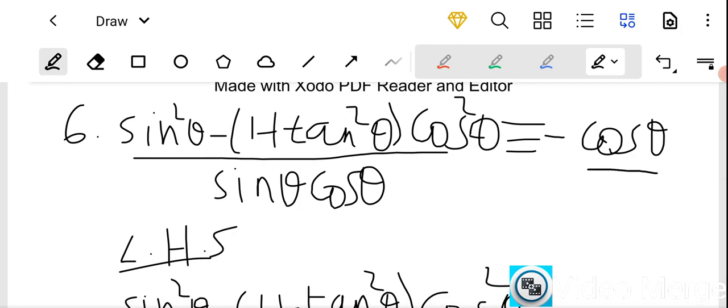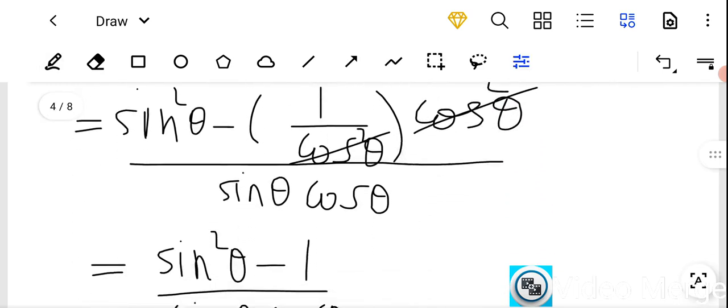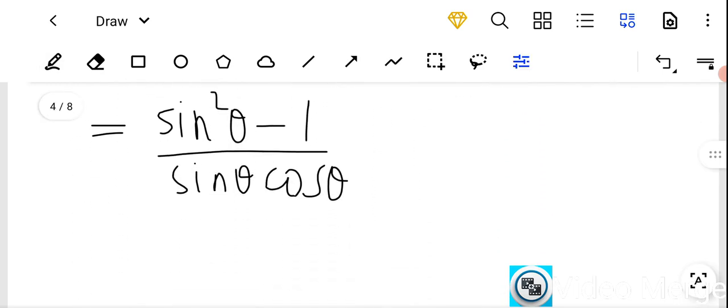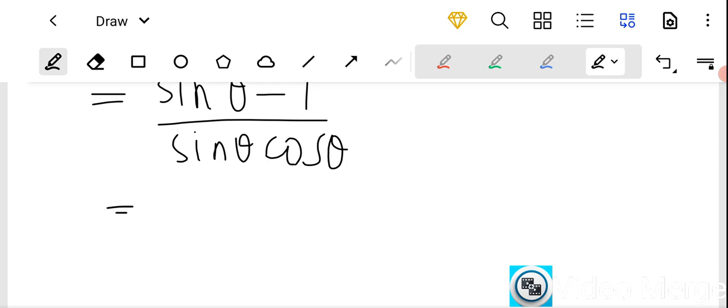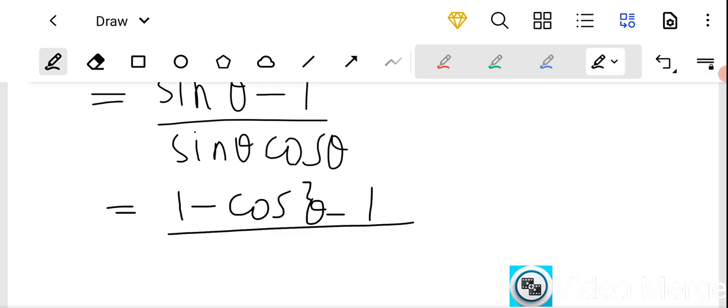So we need a way of eliminating the sine theta squared. What identity is this? Sine theta squared is the same as 1 minus cos theta squared, then minus 1, divided by sine theta cos theta.